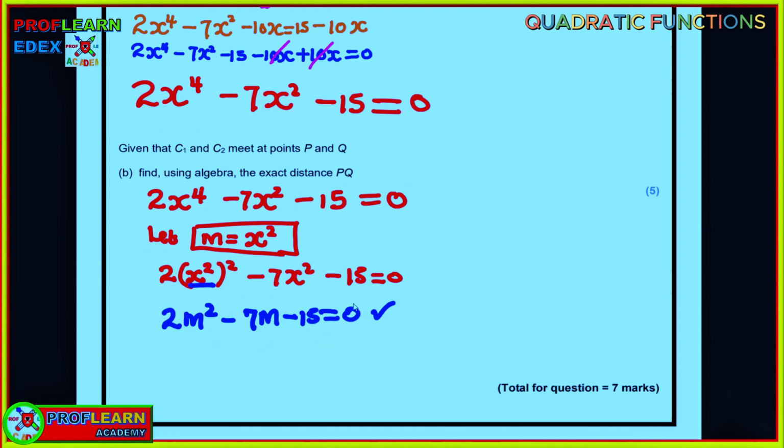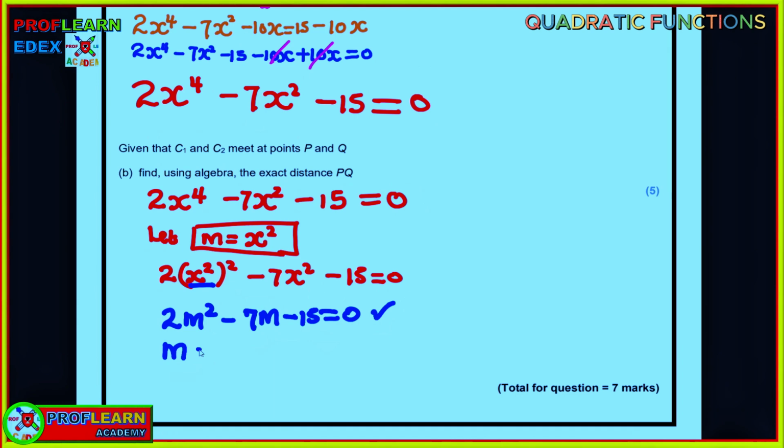So we can now try to solve for m, and you can see now this is a quadratic equation, which we can solve either using factorization or a quadratic formula. For simplicity in this case, let's use the quadratic formula.